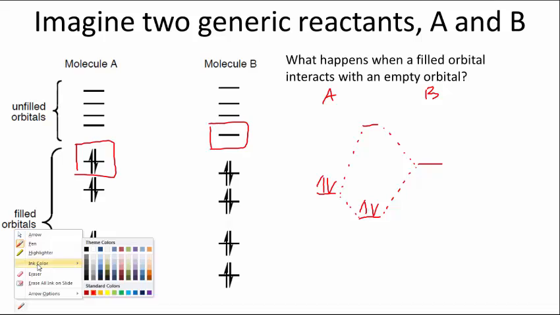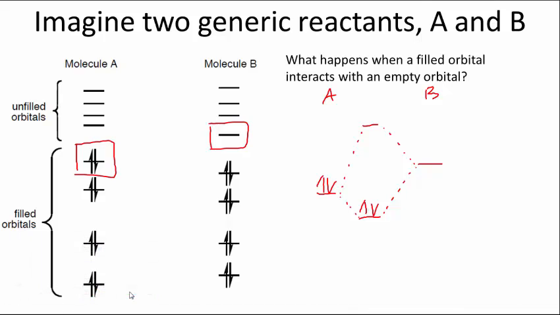There's 2 electrons to go in that lower energy orbital. How do they feel? Happy. There's no electrons in the empty orbital, so there's no one there to be sad. So we have 2 happy electrons, no sad electrons. Here there's going to be a net stabilization. So this is a net good interaction.